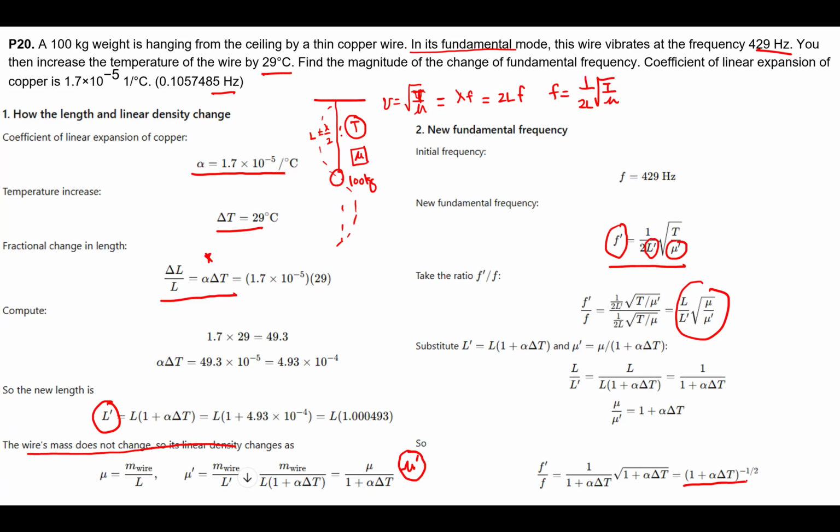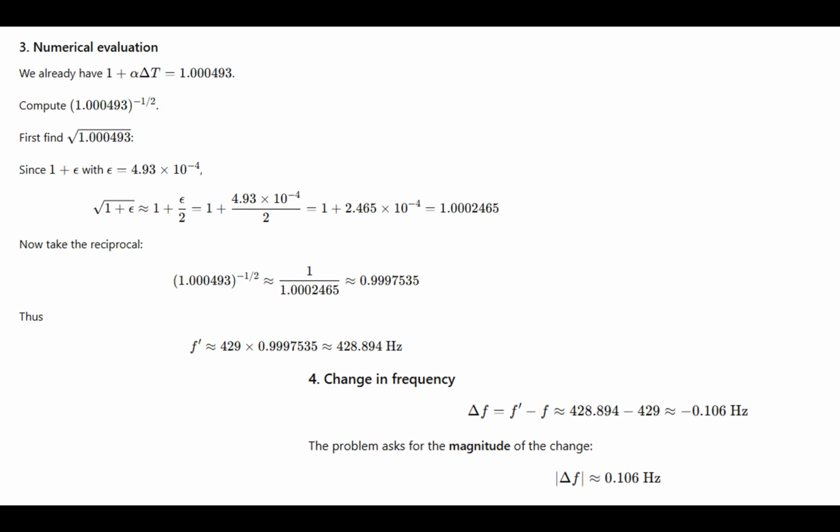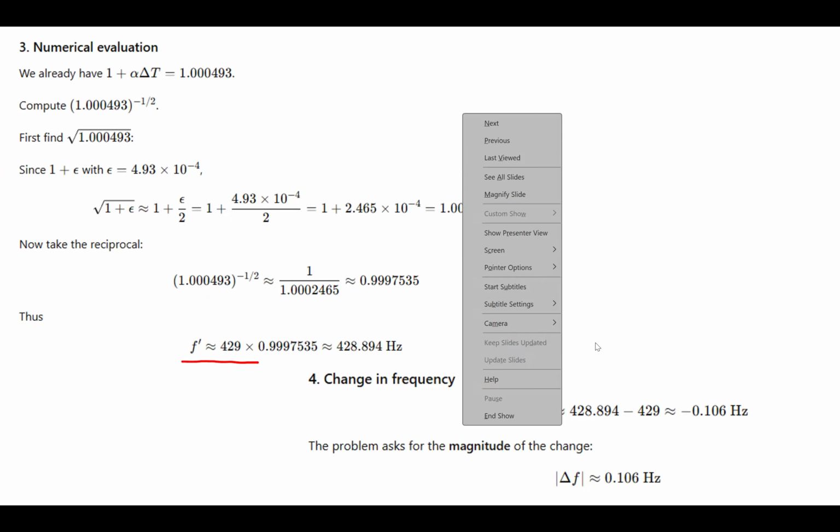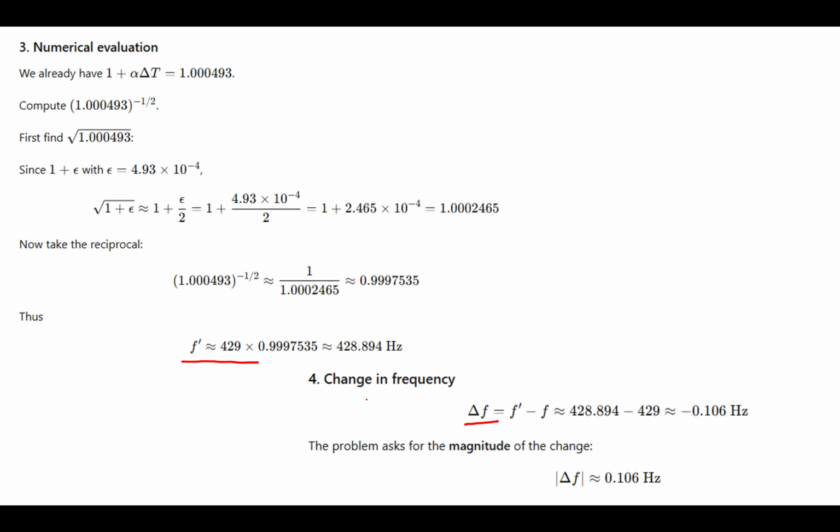We know what alpha is, we know what delta T is, and f prime is going to be this factor. If you calculate this, eventually f prime is going to be this. But the question is the change in frequency, delta f, so that means the changed frequency minus the initial frequency. That is the final answer.